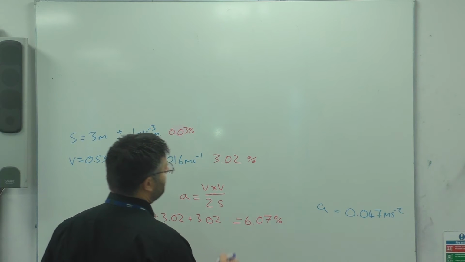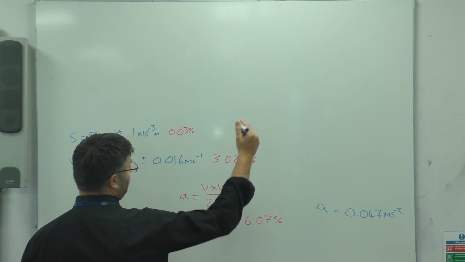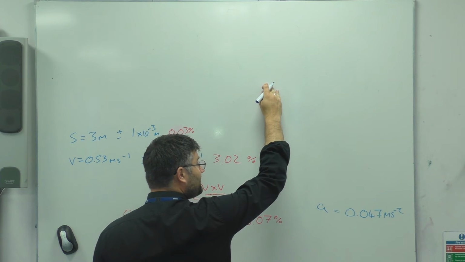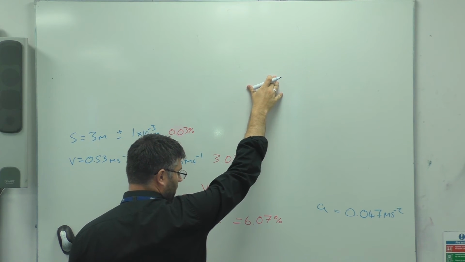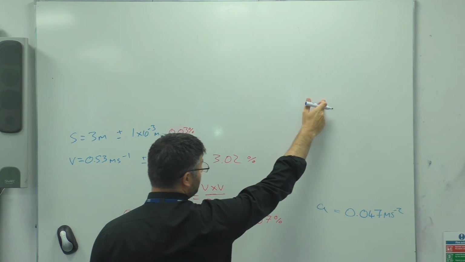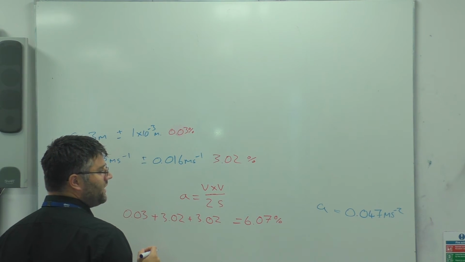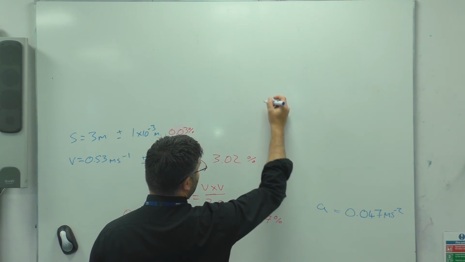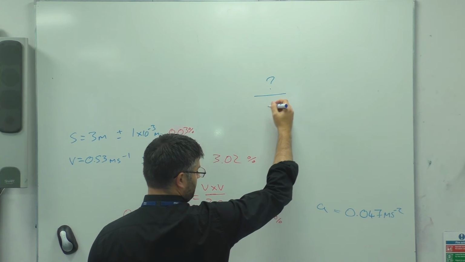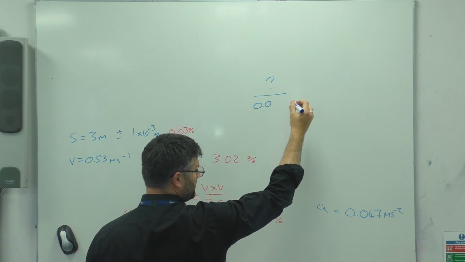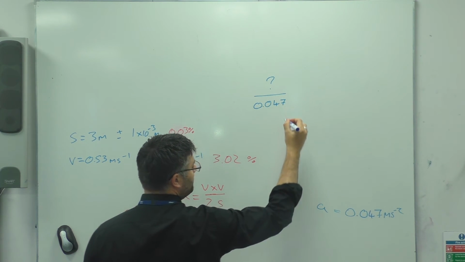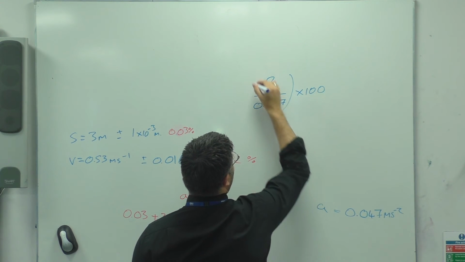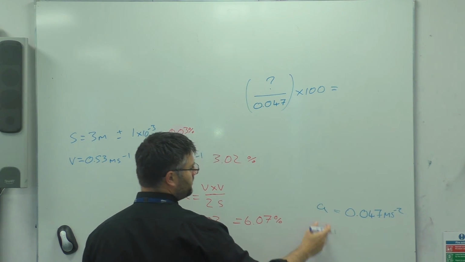Well, we'll do the algebra properly, as we would normally do it. We know that the value, or the smallest of the thing that we're looking at, divided by the value times by 100, will give us a percentage. Well, this time we've got the percentage and what it's divided by, but we need the value on top. So we're looking for this one. We've got our 0.047.